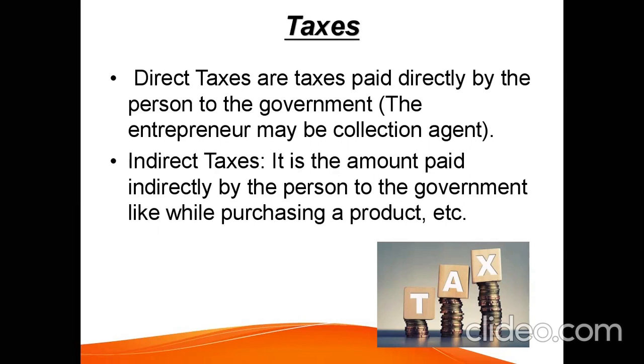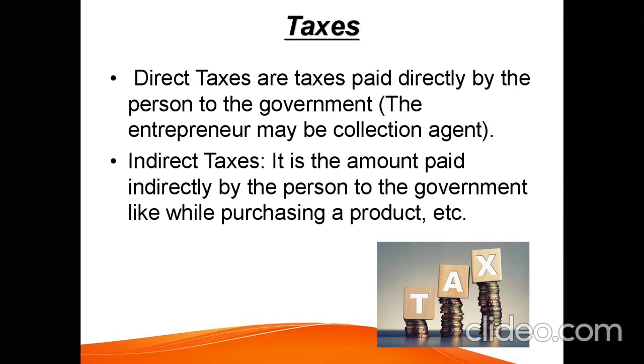Sometimes the customers, when they buy any product, they pay tax to an entrepreneur. An entrepreneur plays a role of collecting agent, and that amount of tax is paid to the government by an entrepreneur. Indirect tax is an amount paid indirectly by the person to the government, like while purchasing a product.